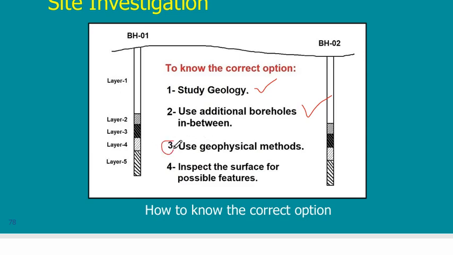Then another thing is to use geophysical methods, because geophysical methods are an addition to the site investigation. It cannot replace a site investigation. I have to put my boreholes at the beginning, and add geophysical methods to confirm the in-between of the boreholes.